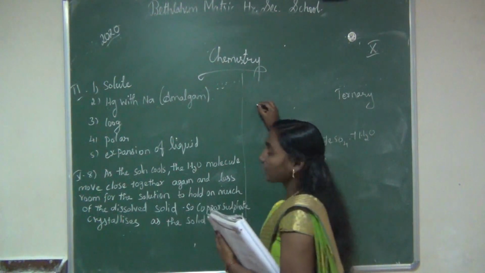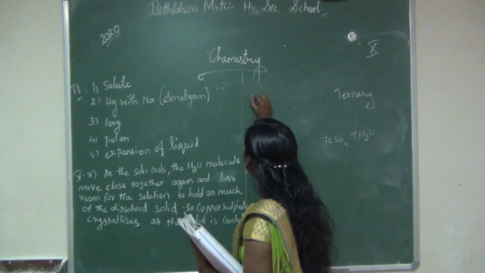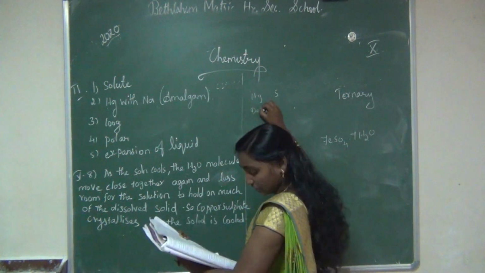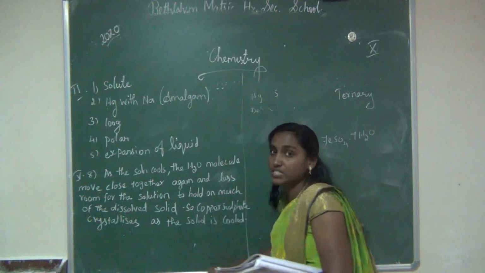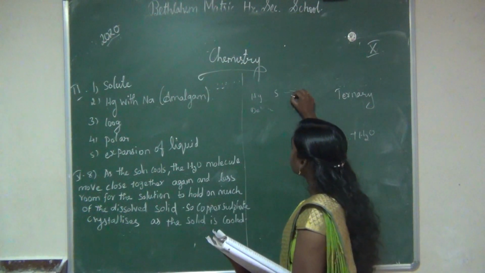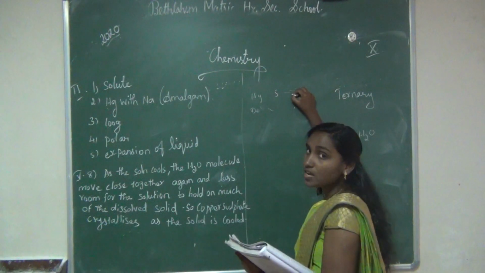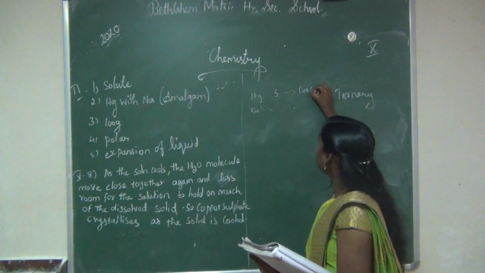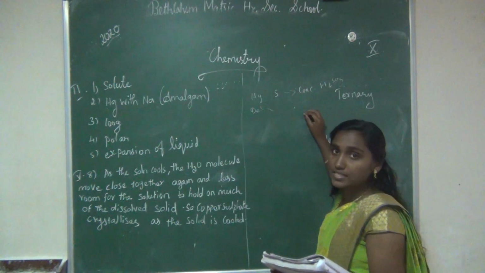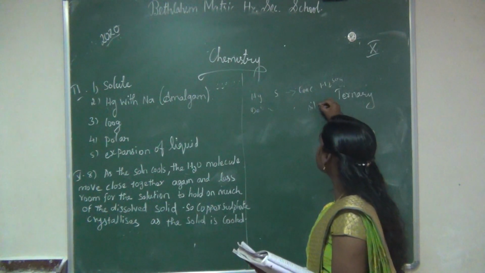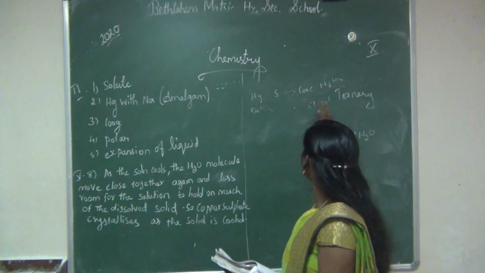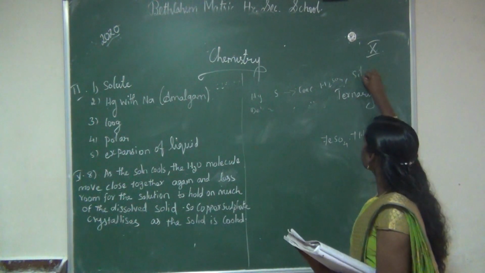So near that question you should write hygroscopic substance and deliquescent substance. What are the examples for hygroscopic substance? Concentrated sulfuric acid and silica gel.